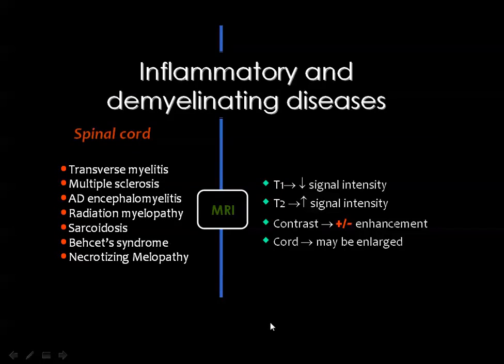The spinal cord inflammatory lesions will all present by almost similar MRI findings, and these include decreased signal in the T1 and increased signal in the T2. And if you inject a contrast medium, you sometimes can see enhancement, and sometimes you do not see enhancement.